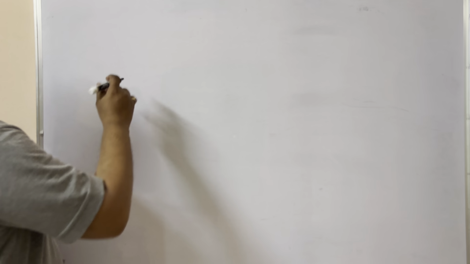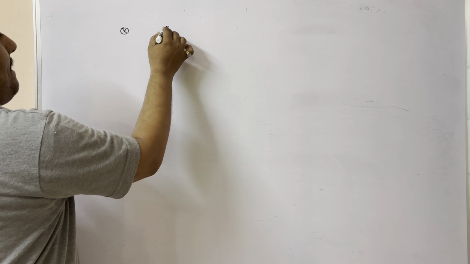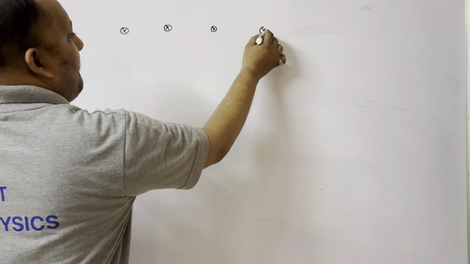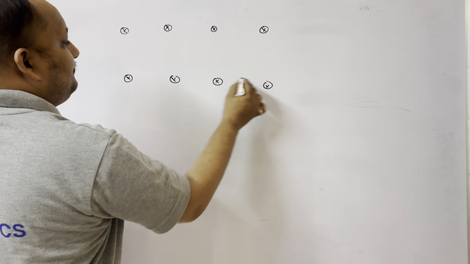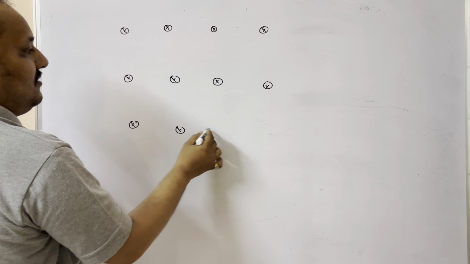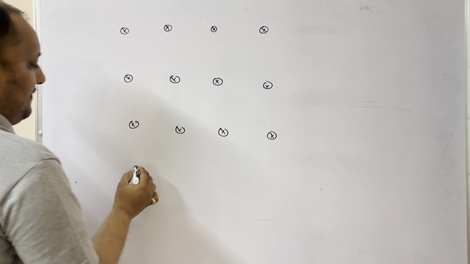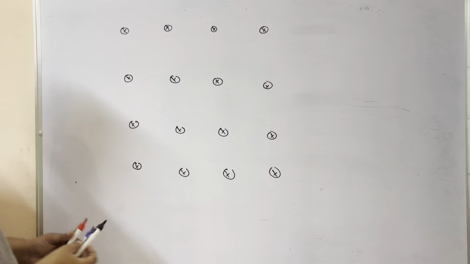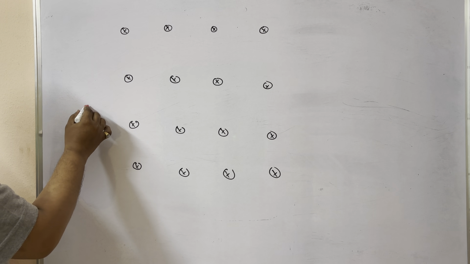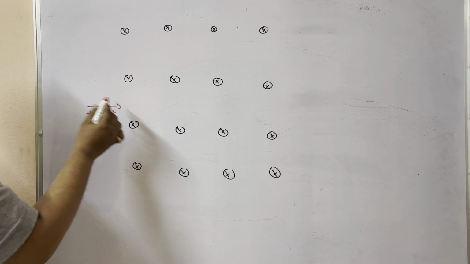If magnetic field is into the board, now charge is entering perpendicular to the direction of the magnetic field. Perpendicular to the direction of the magnetic field means like this, positive charge with some velocity.